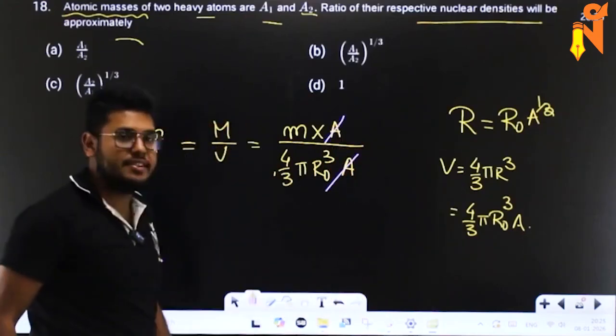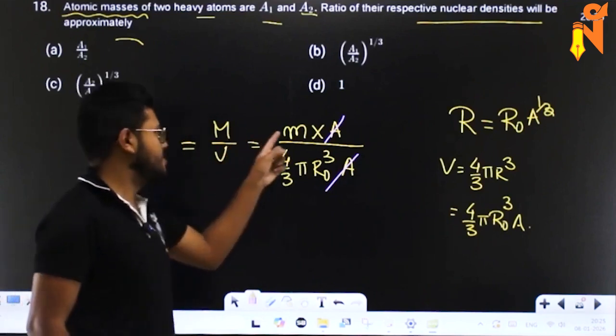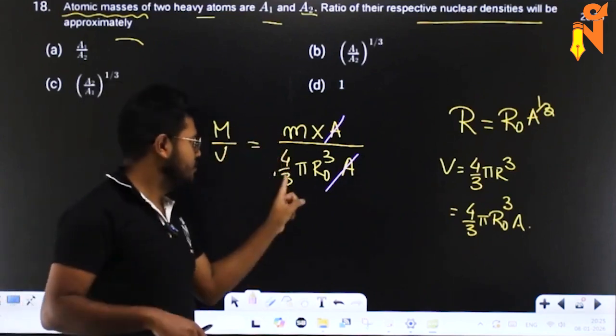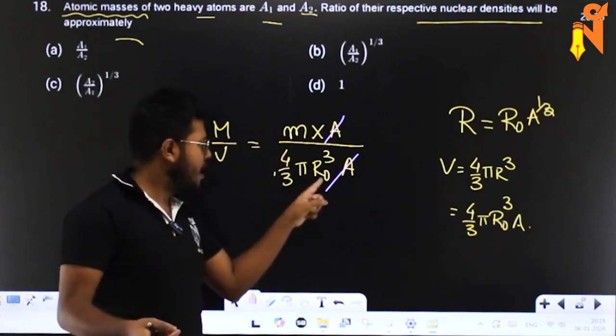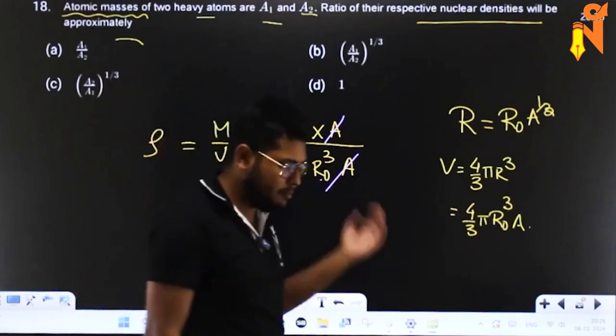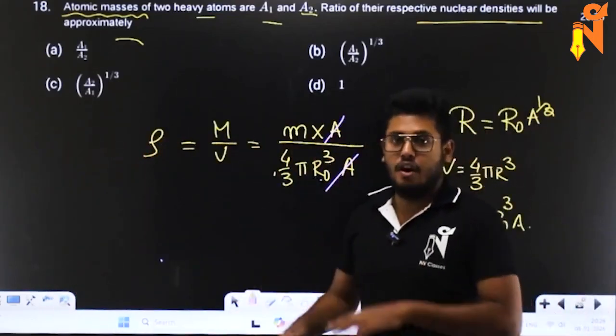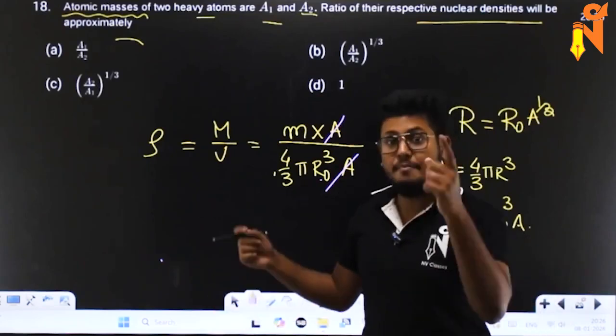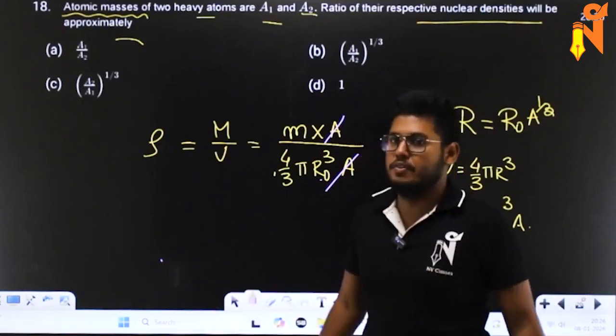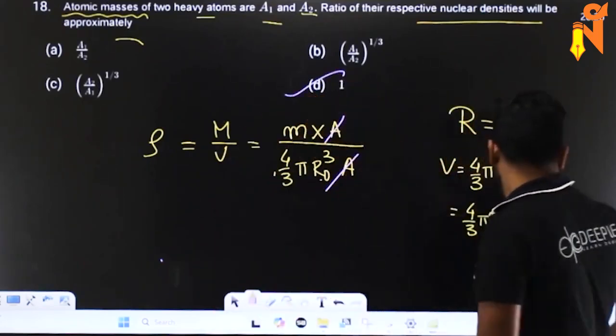Everything in the expression is constant. Mass of a nucleon is constant, 4/3 pi is just a number, and r naught by definition is a constant, 1.2 femtometer. So density is actually constant for every element's nucleus available in the universe. So I'll just say 1.